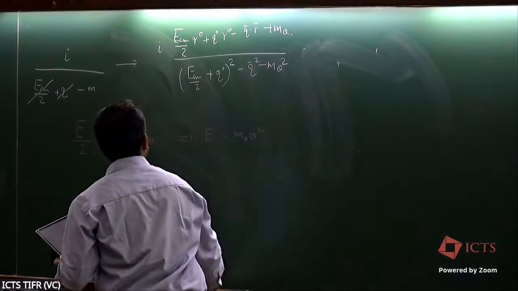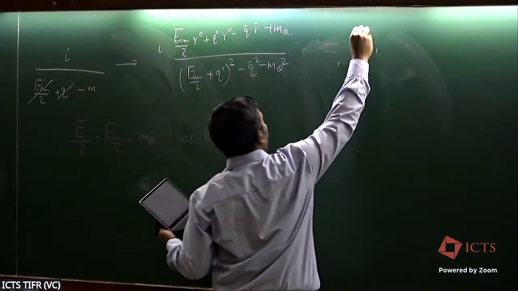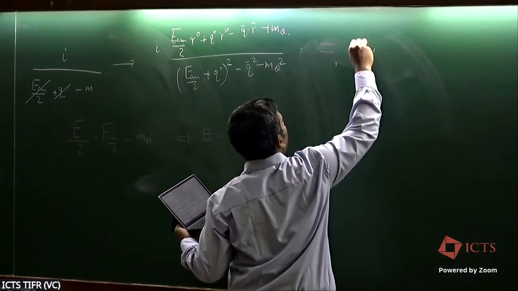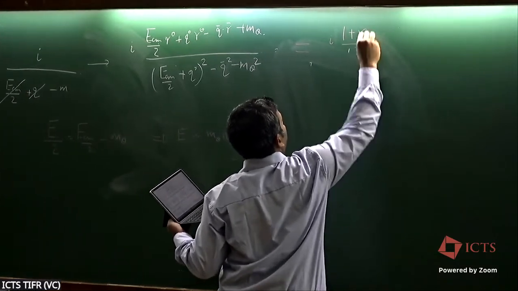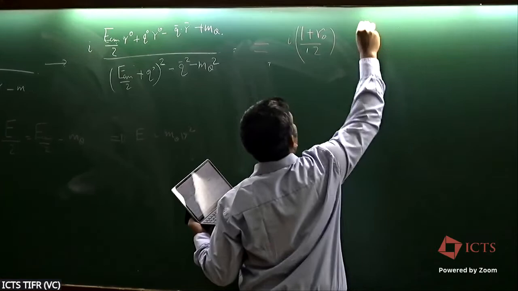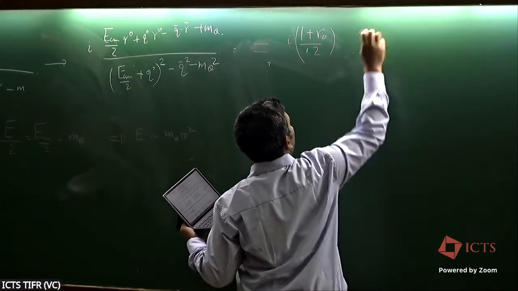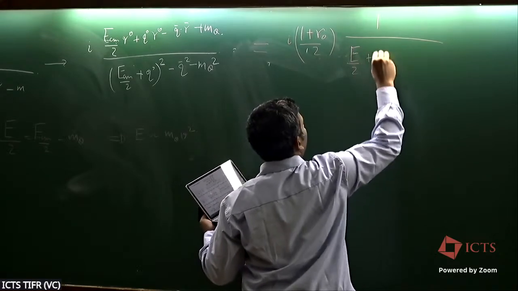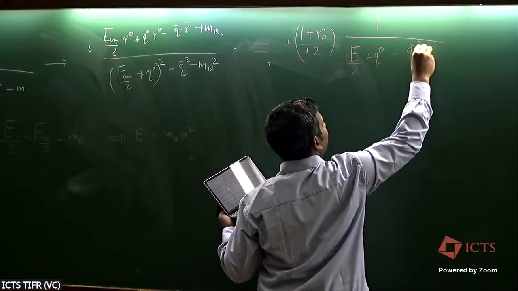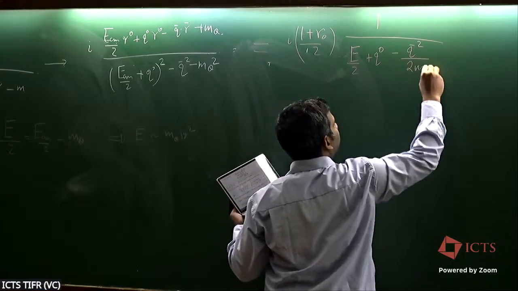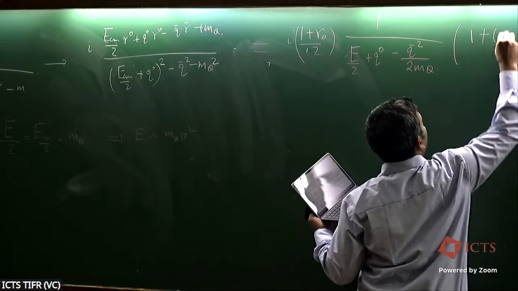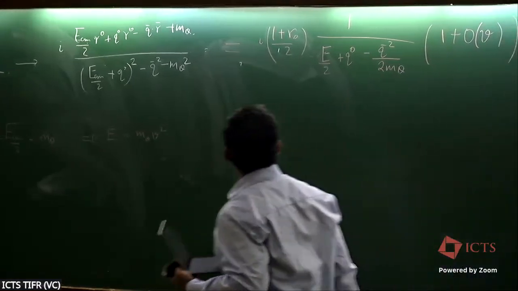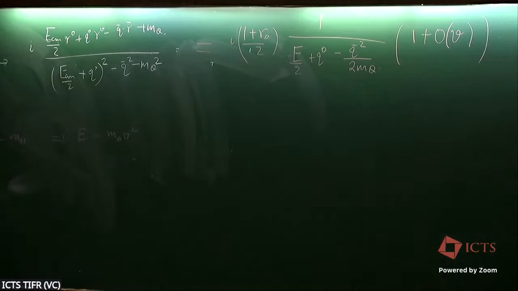If you do the counting, what you get is I times 1 plus gamma 0 by 2, over E by 2 plus Q0, as the leading term in the V expansion. And the point is, how did I arrive at this? Let us look at the numerator.